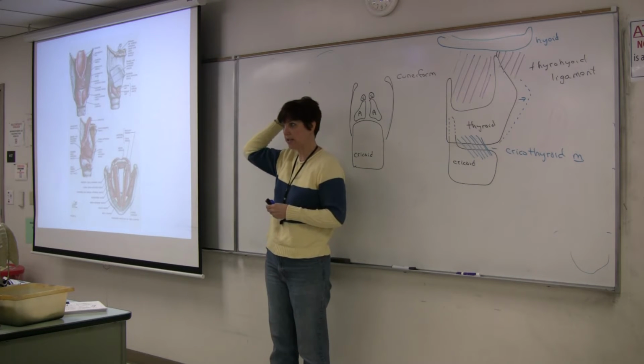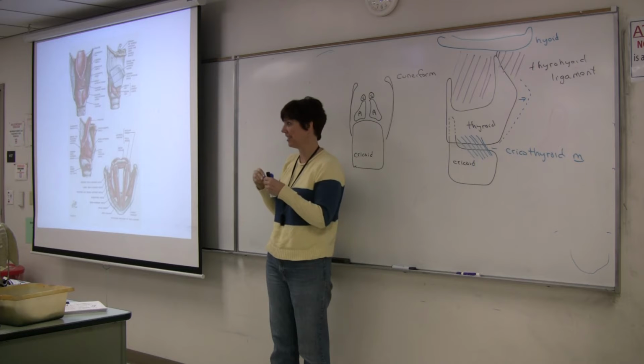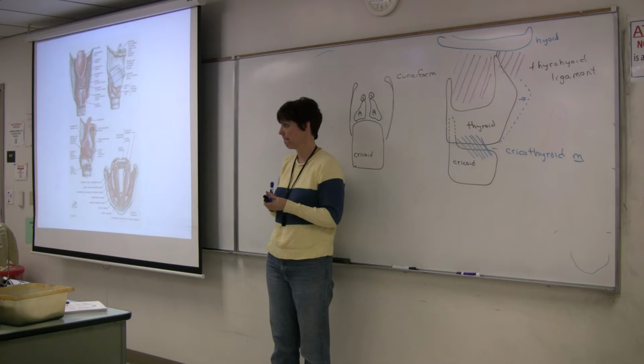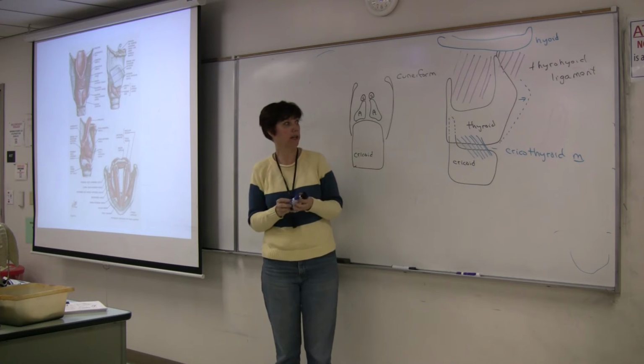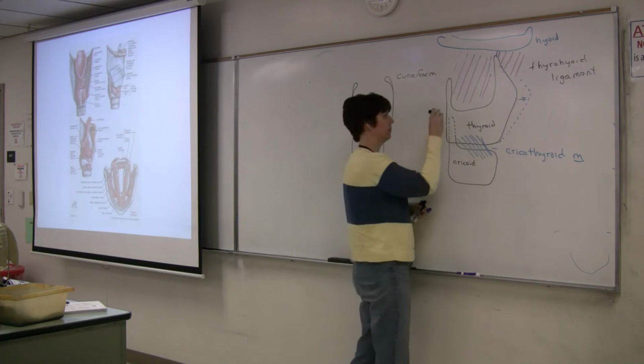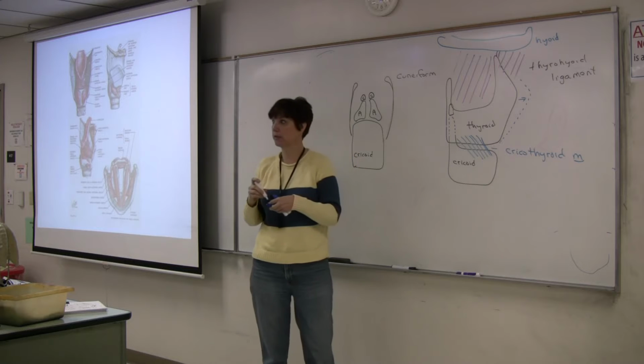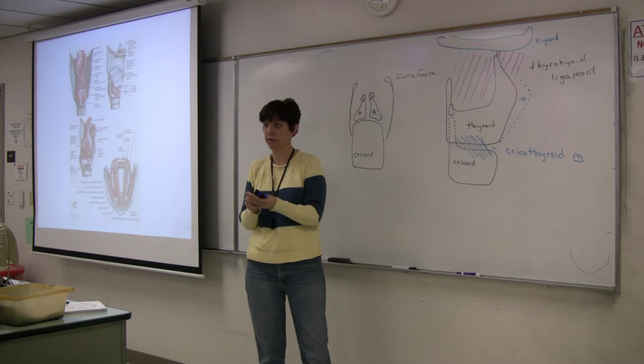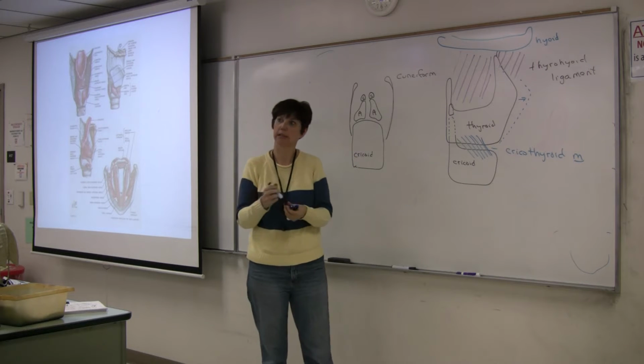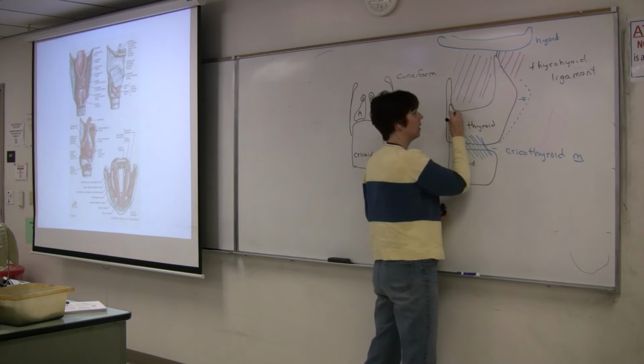So is that going to change amplitude or is that going to change pitch when we do that? You guys remember what your vocal ligaments are attached to? What two cartilages are the vocal ligaments attached to? Arytenoid to thyroid.